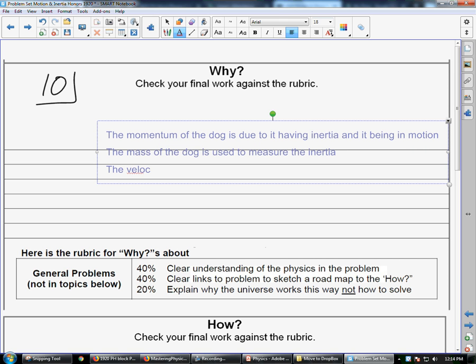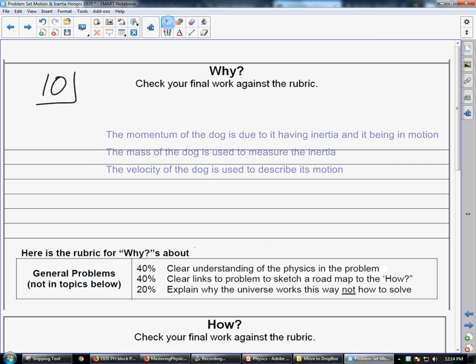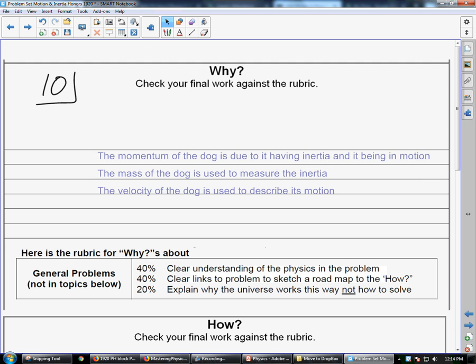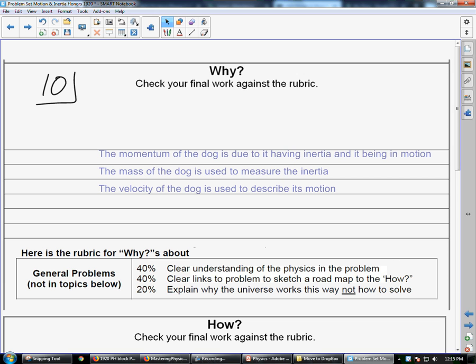The velocity of the dog is used to describe its motion. This one is fairly straightforward, so your why really doesn't have a lot of meat to it. That's kind of what you would have. Any questions on the why?